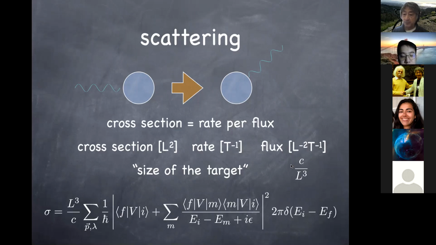So the inverse of the flux is L cubed over c over here. And this whole expression then has the unit of the cross section, which we call sigma. So whenever we talk about a scattering process, what we want to compute is this cross section, which has the unit of length squared. So that's what we would like to compute. Any questions about this?